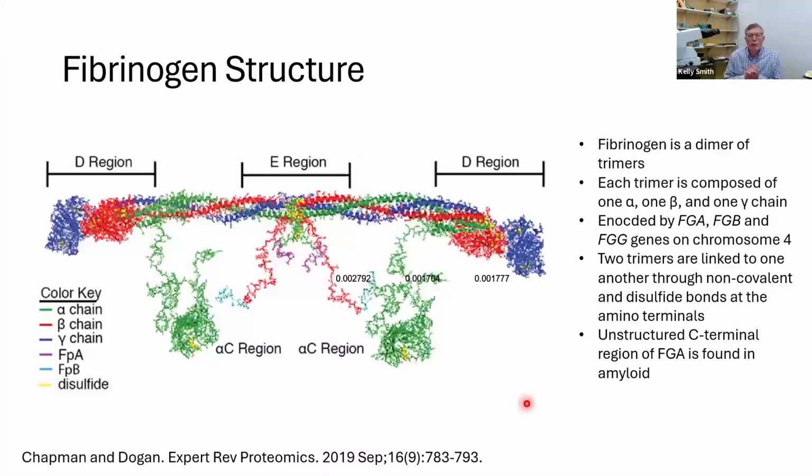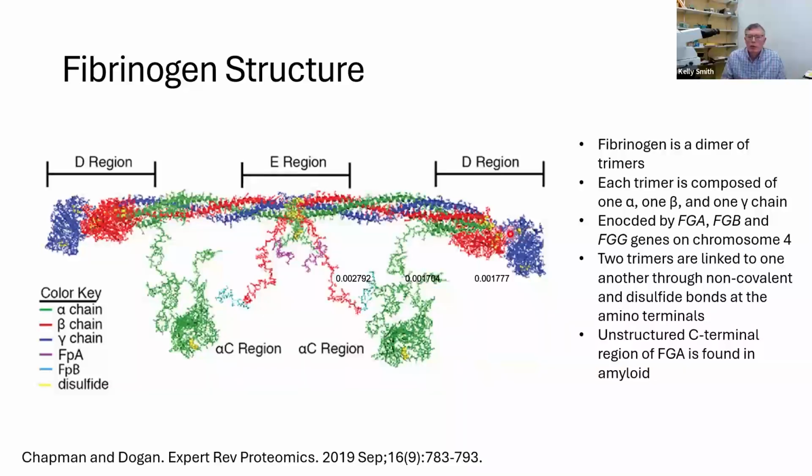Well, what do we know about fibrinogen? So fibrinogen is a dimer of trimers. There's an alpha, beta, and gamma chain that are encoded by 3 genes on chromosome 4. The trimers here are linked together by non-covalent and covalent bonds between the N-terminal regions.